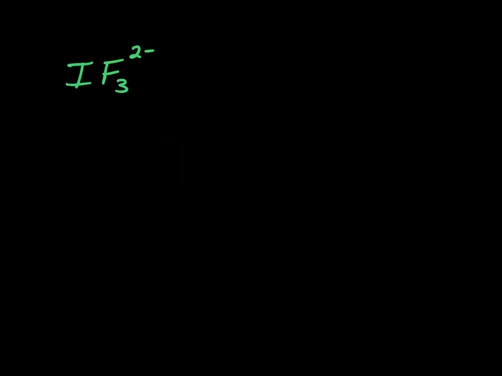In the iodine trifluoride 2- anion, iodine would give us 7, 3 fluorines would give us 21, and the 2 negative charges would give us 2 more, so that's 30 valence electrons.